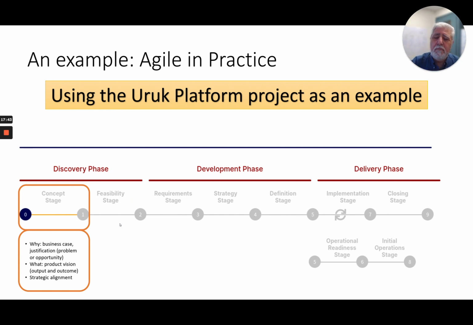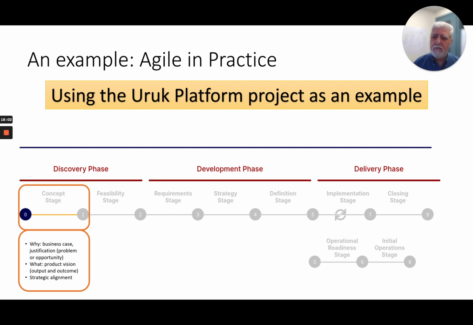So the project or the product failed to achieve its objective. So for us, when we decided to develop Uruk, it was because we felt there is a need for something like this in the market. Now, I'm not going to get into a lot of detail, but basically, this is the concept. That is the business case, the problem we are trying to solve.